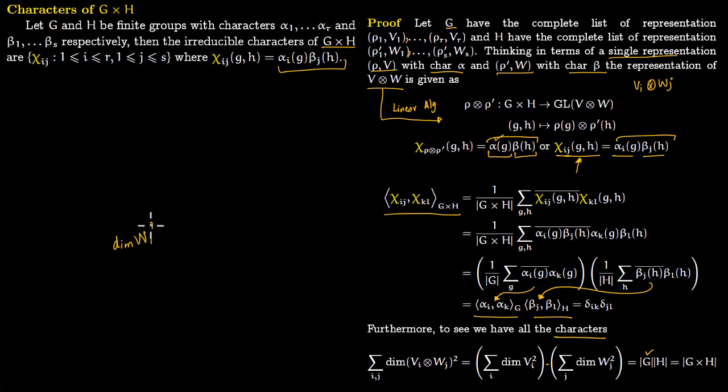Let me write this down, and this we already know would give us the order of the group with which it is associated. Yeah, so this is h, and that gives you g times h. That is it. So therefore you have all the characters. So finding the characters of g times h is pretty straightforward.